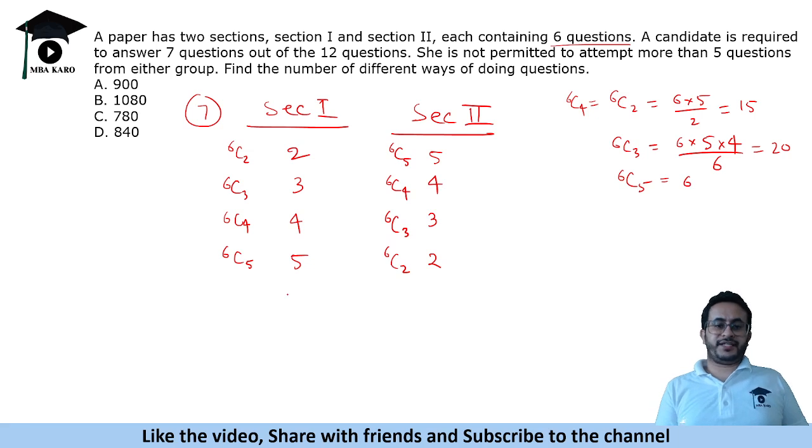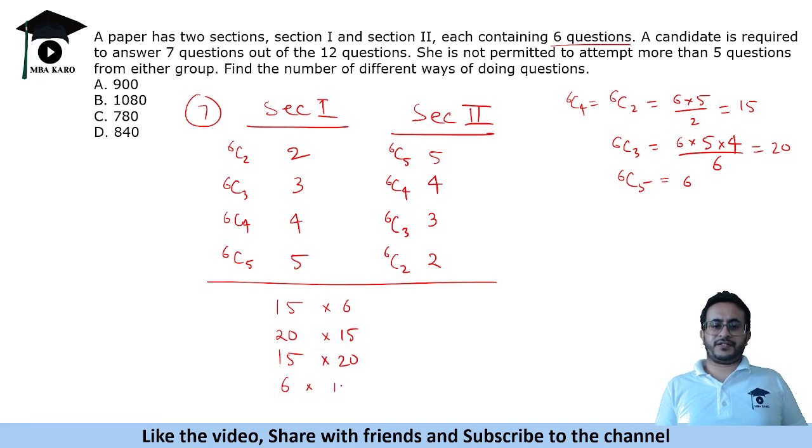So first case, case 1, we will have 15 into 6C5, which is 6 ways. Second case, 6C3 is 20, and this is 6C4, which is 15. Next case is 15 into 20, and the last case is 6, and 6C2 is 15.